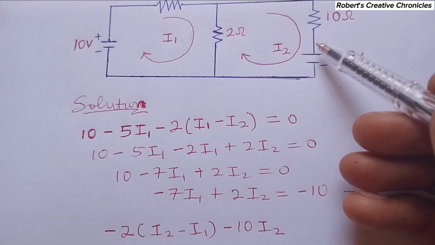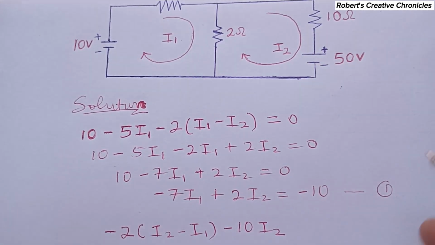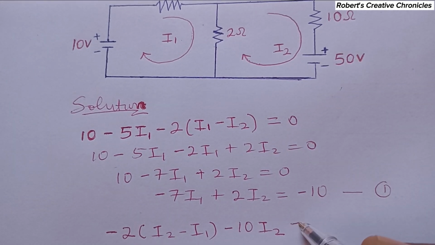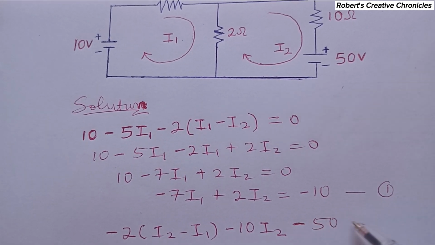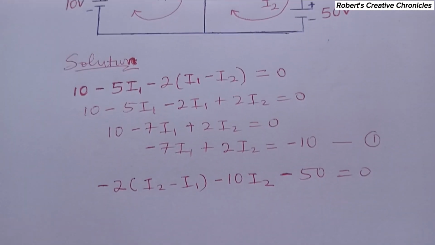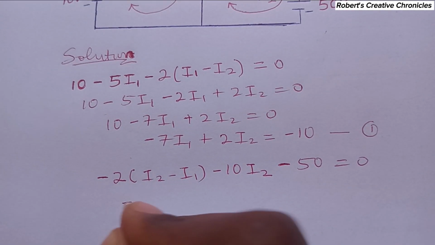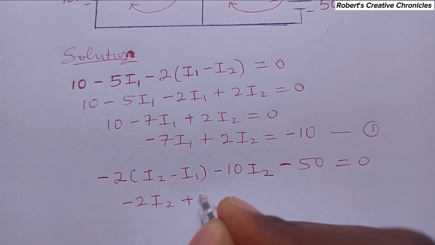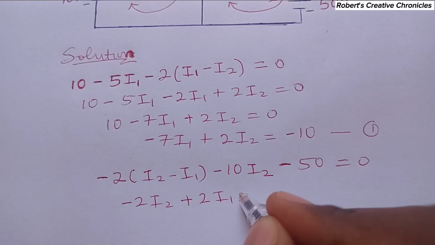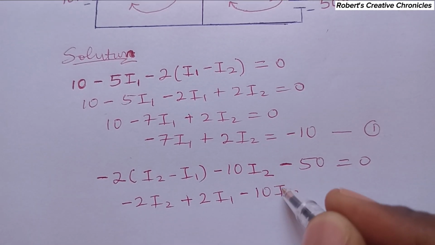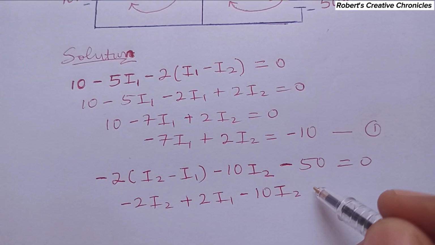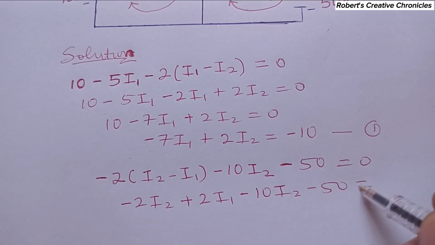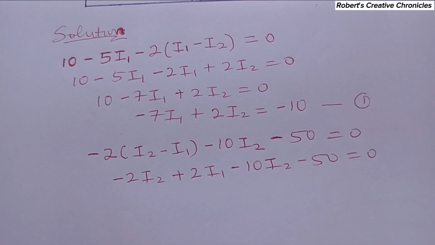Then here, we are moving from positive to negative, so our voltage is negative 50, equals 0. So now here becomes negative 2 I2 plus 2 I1 minus 10 I2 minus 50 equals 0.